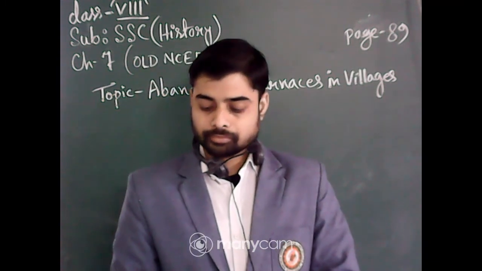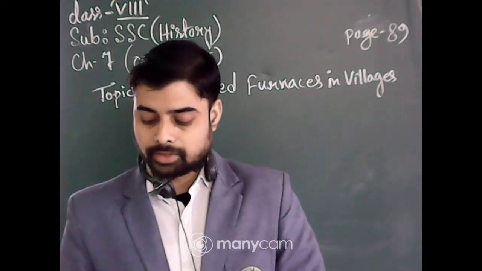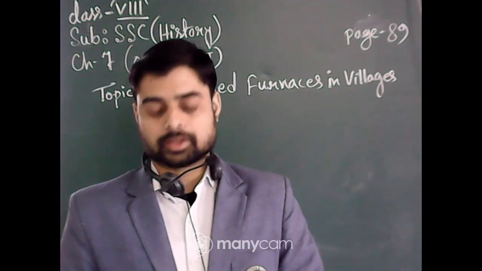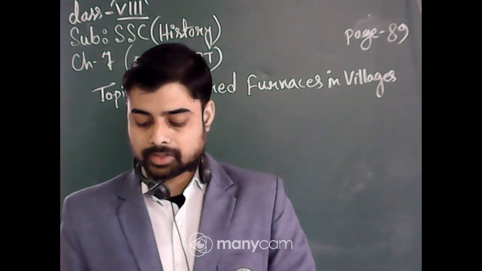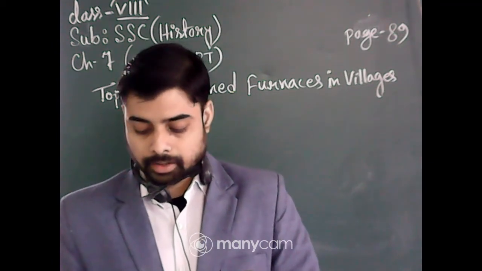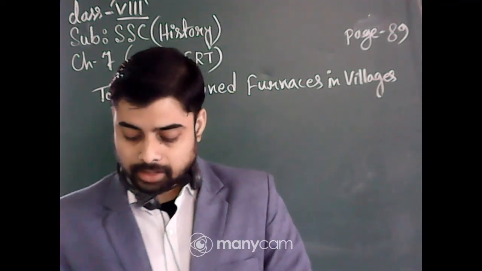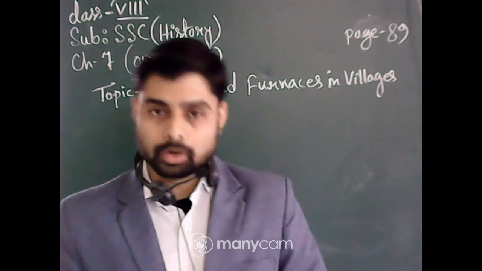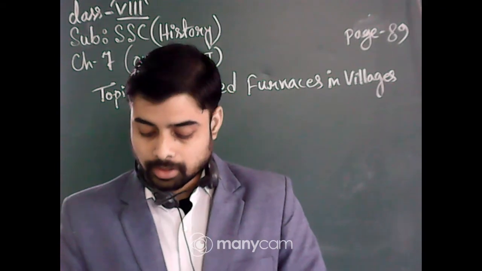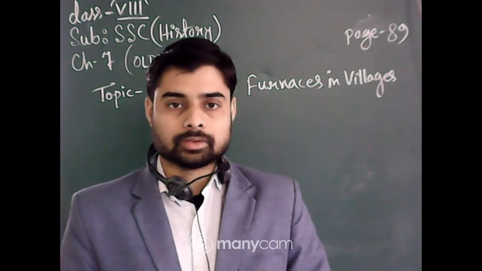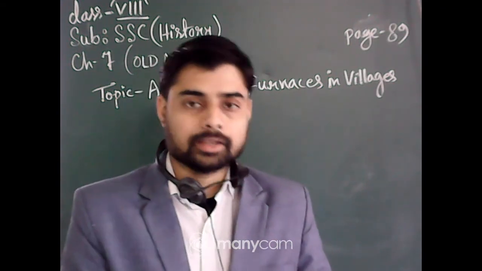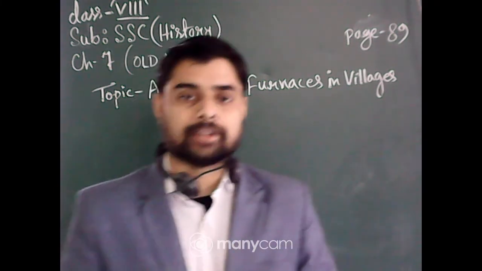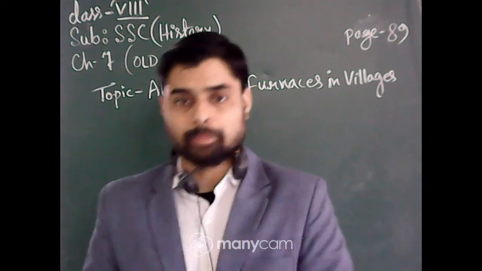Inside these furnaces they smelted the iron, and the smelting was done by men and women both, and they worked together. The men mainly took part in the smelting process, while the women worked on the bellows.